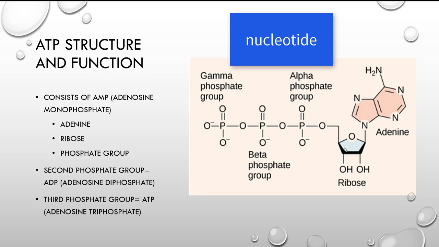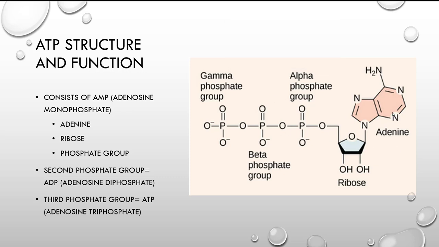They have a sugar, a phosphate, and a nitrogenous base. So hey, that looks like the same thing, right? ATP is basically a nucleic acid as well, and it's classified the same as a nucleic acid. And it is composed of the three parts that a nucleotide is composed of.